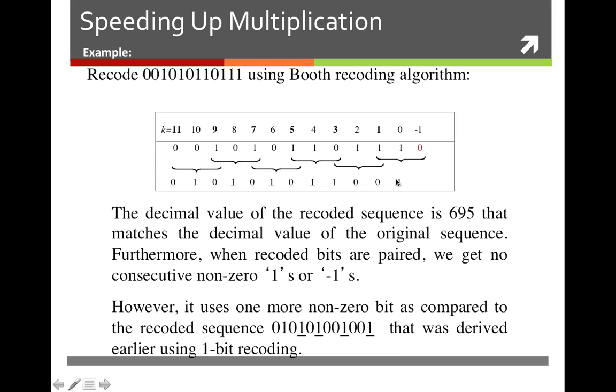Now that you've done this, you move from these 3 to the next 3 here. So you can see that you overlap by a bit. The next 3 you take would be the leftmost bit of the first 3, and then the next 2 bits, because you're going to generate 2 bits at a time.